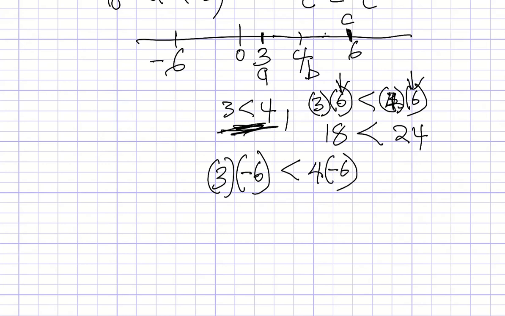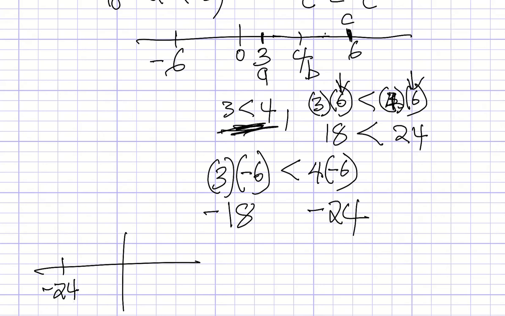What does it come out to? 3 times negative 6 is negative 18, and over here it is negative 24. But if you draw the line, negative 24 is here, and negative 18 is here. So negative 18 is larger than negative 24. So you have to reverse the inequality. You can't leave it as less than. You've got to make it greater than. You see that, right?